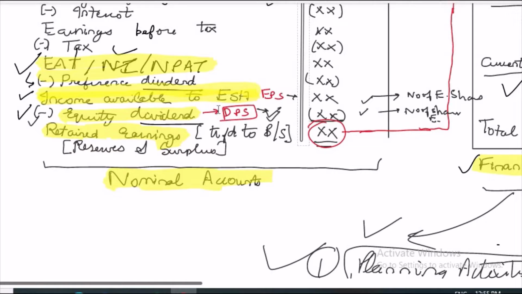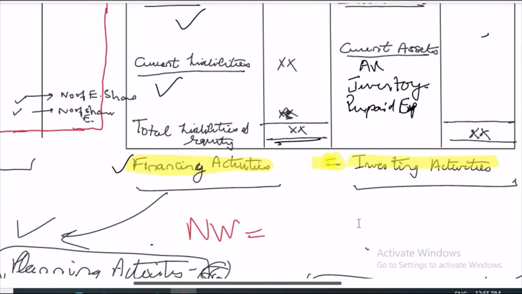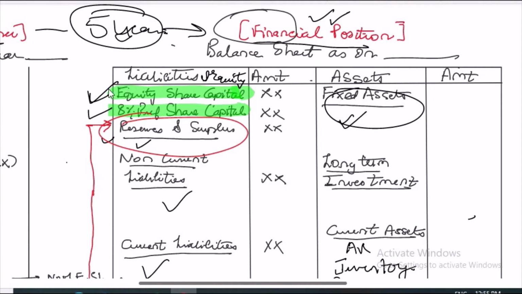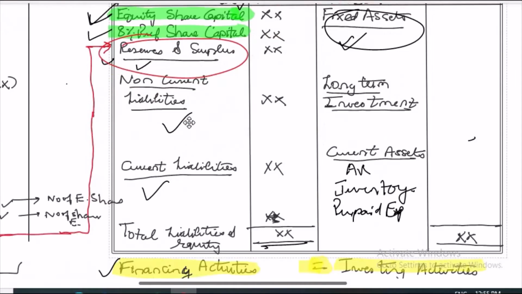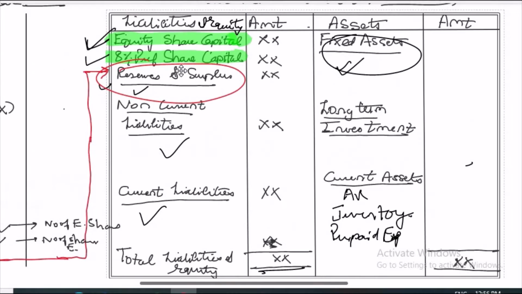The remaining amount is retained earnings, which we write in the balance sheet on the liability side. So there is equity share capital, 8% preference share capital, and reserves and surplus. The retained earnings are also part of reserves and surplus.